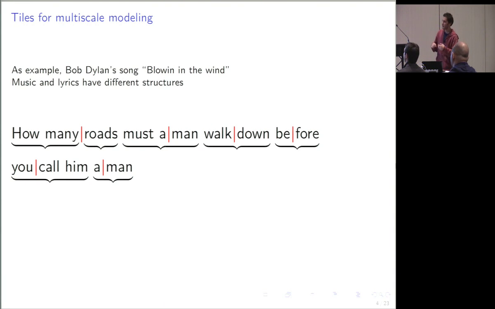For instance, here you can see the lyrics of the song, where the red bars correspond to the musical bars, and the curly things below express the grammatical structure of the lyrics. We would like to be able to represent both structures in a single model.